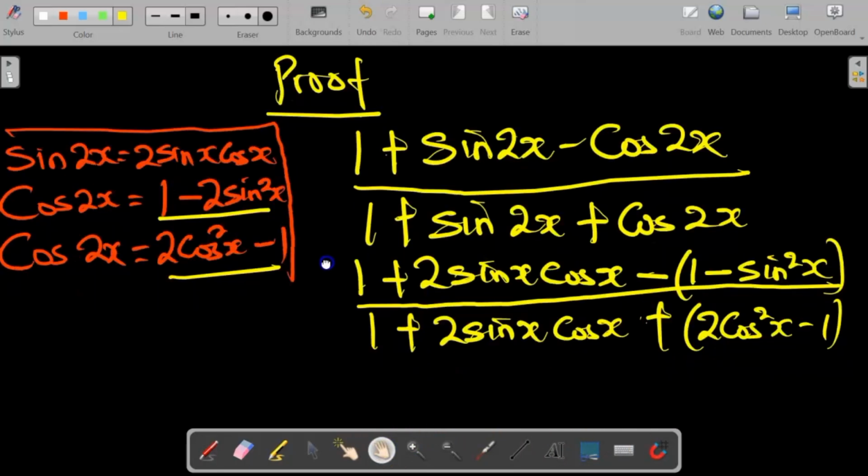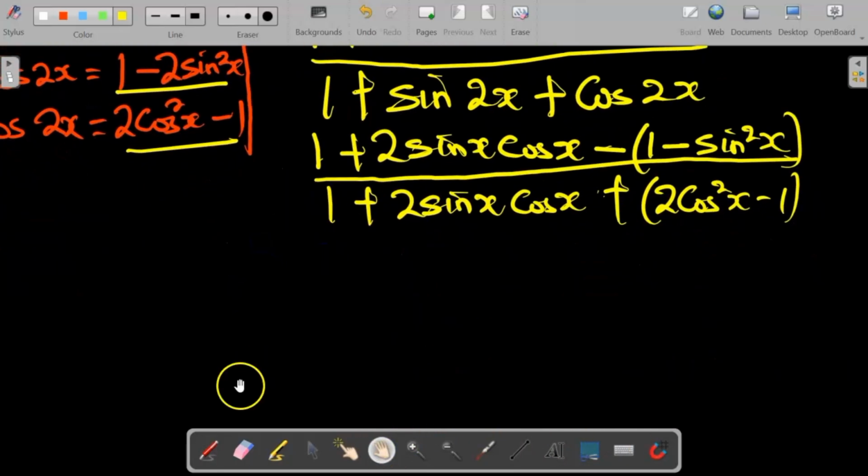The next thing we are going to do is to remove the bracket.